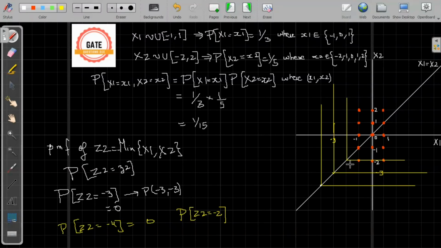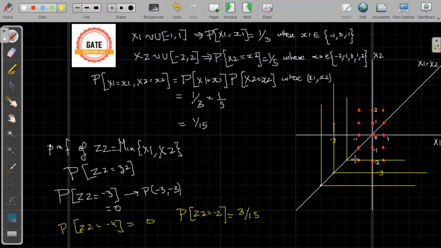We can see here in this case there are 3 points for which there is overlapping. So the sum of joint probabilities of these 3 points will be this probability. So here it is 1 by 15 for this, 1 by 15 for this, and 1 by 15 for this. So it will be 3 by 15.